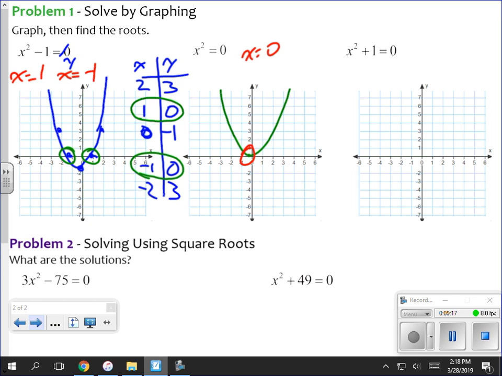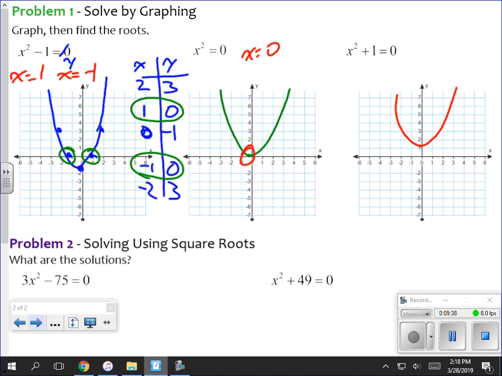Right, so remember the other thing we did yesterday, we took this one, x plus whatever, and when we subtracted 1, it moved everything down. When we add 1, what does it do? It moves it up. So this one would start at 1. Does it cross the x-axis anywhere?